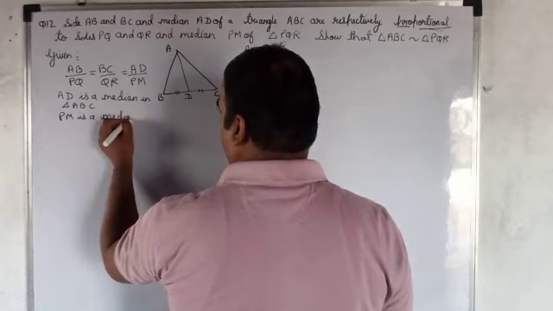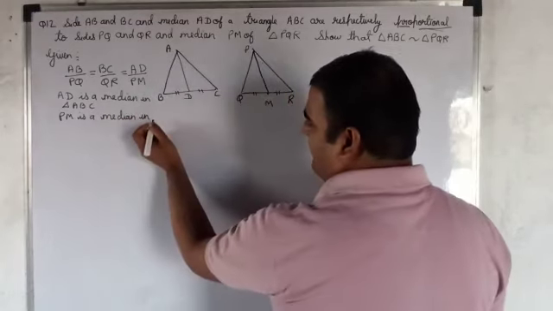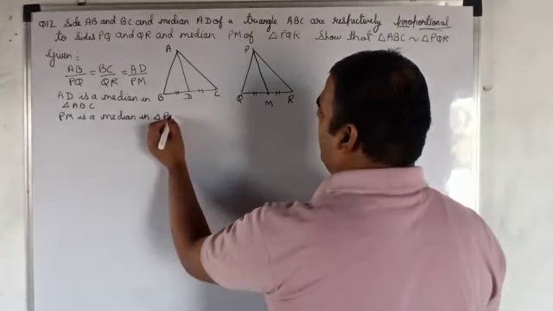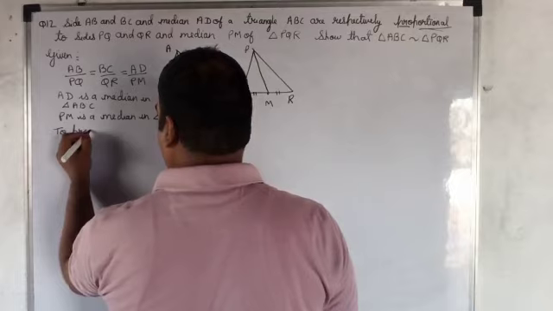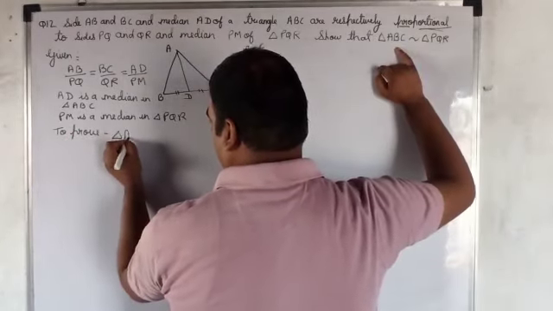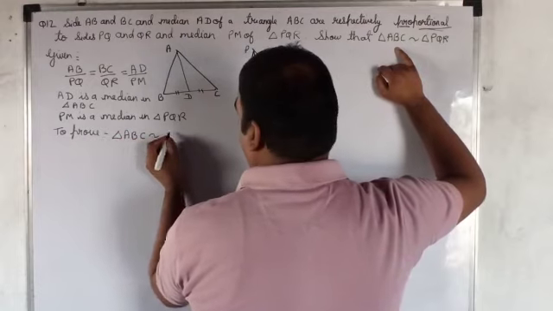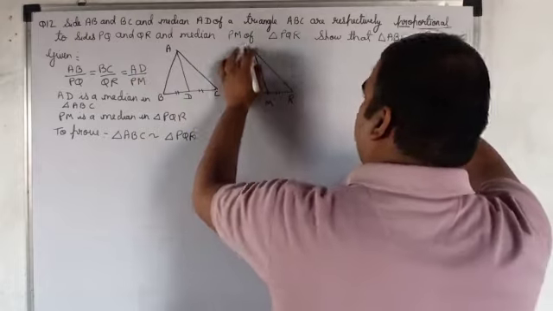Okay, this median is very important in this question. PM is a median in triangle PQR. Now, what do you need to prove? Yes, you need to prove triangle ABC is similar to triangle PQR.